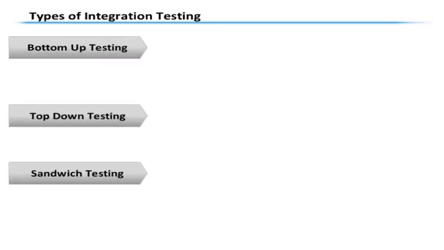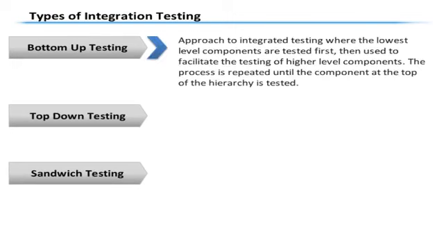Types of integration testing. Bottom-up testing. Bottom-up testing is an approach to integrated testing where the lowest level of components are tested first, then used to facilitate the testing of higher-level components. This process is repeated until the component at the top of the hierarchy is tested. All the bottom or low-level modules, procedures, or functions are integrated and then tested.